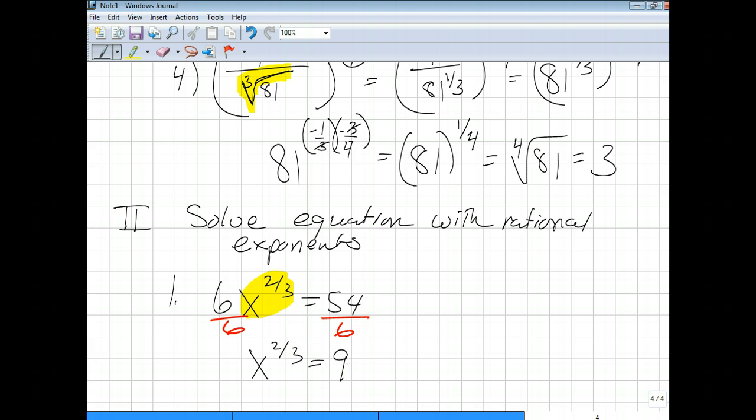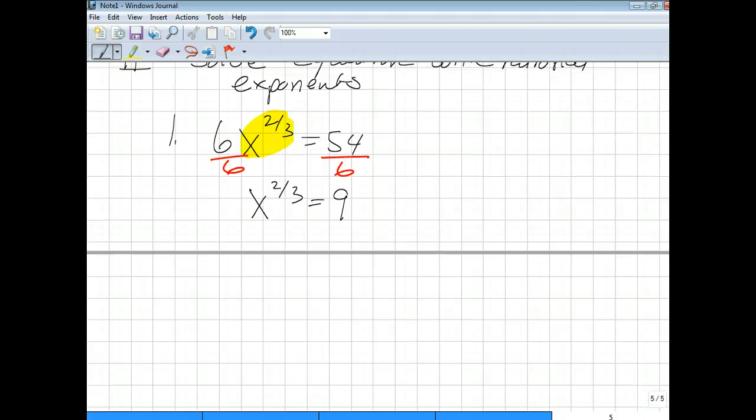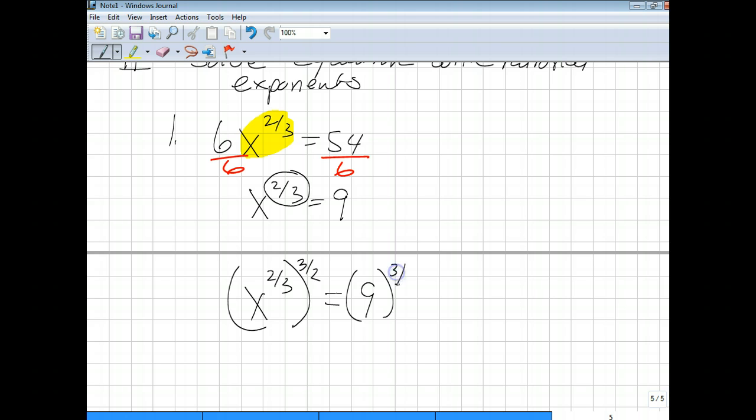Okay? Now what we want to do is we want to get rid of this exponent. So we want to make it into a 1. So we multiply by the reciprocal. So we take x to the 2/3 and we raise it to the reciprocal power, which would be 3/2. But like with any equation, if I do something to one side, I have to do exactly the same thing to the other side.